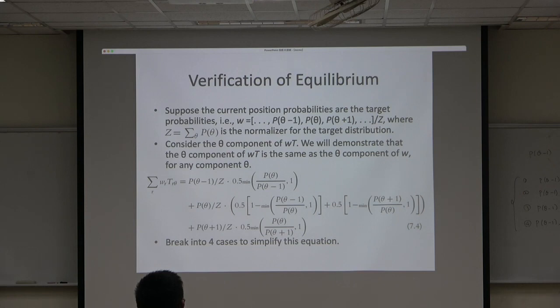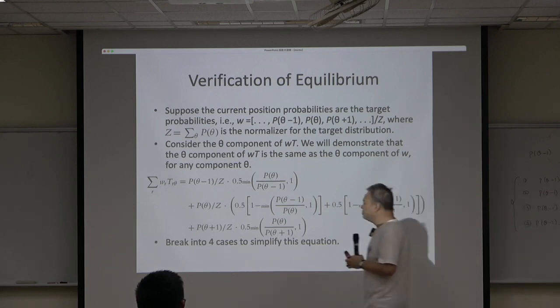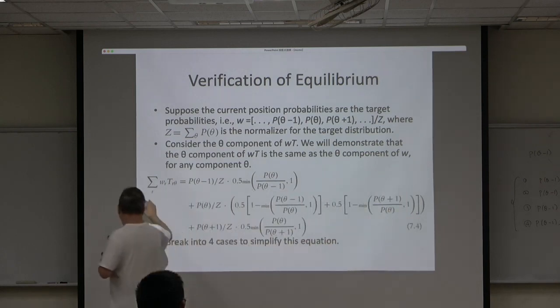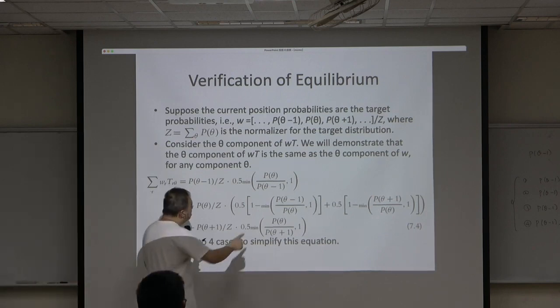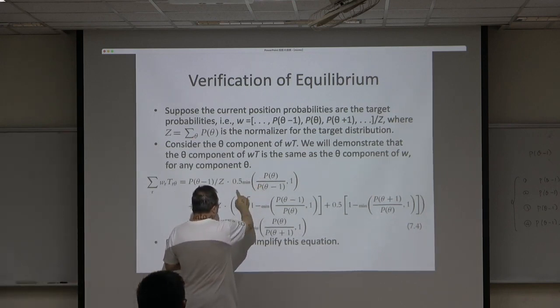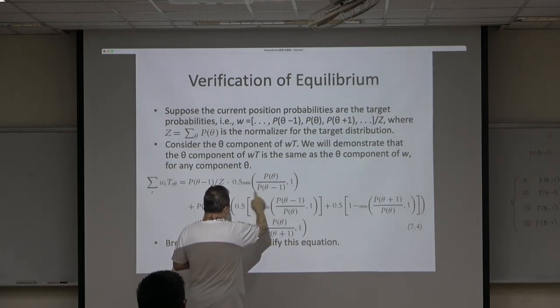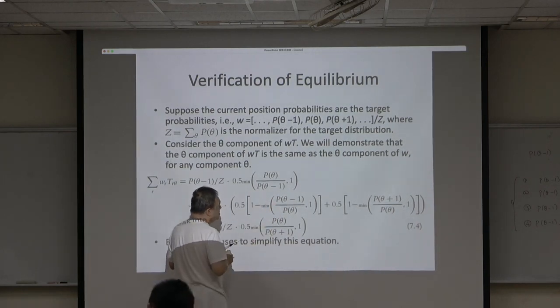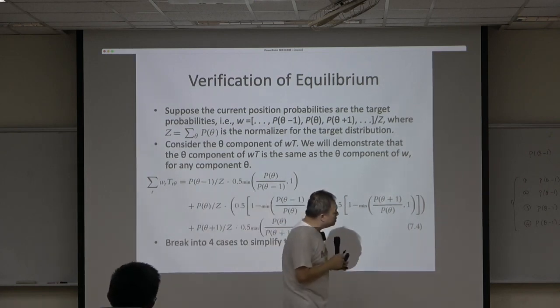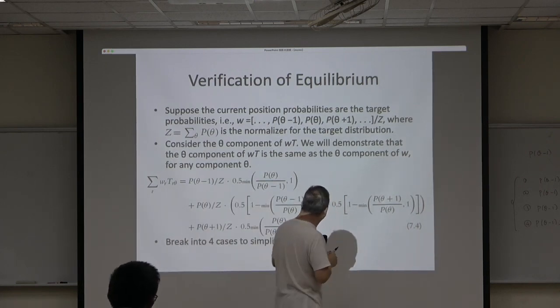So the first case, we know p theta minus 1 is smaller than p theta, and it's smaller than p theta plus 1, okay? So this multiplication, that's the first term. Which one are we going to have? Because p theta minus 1 is smaller than p theta, right?